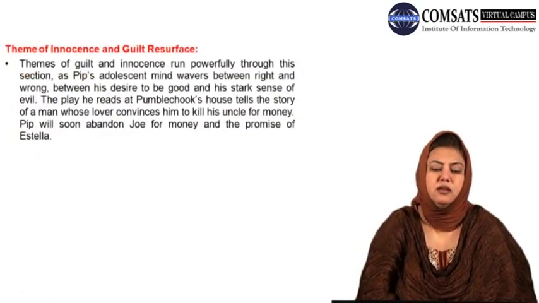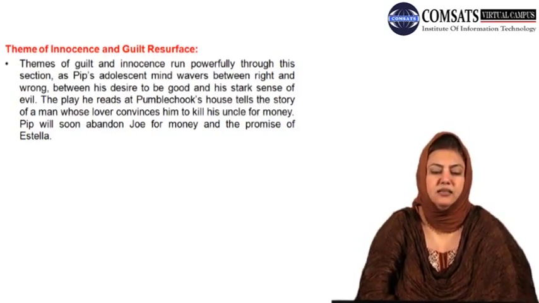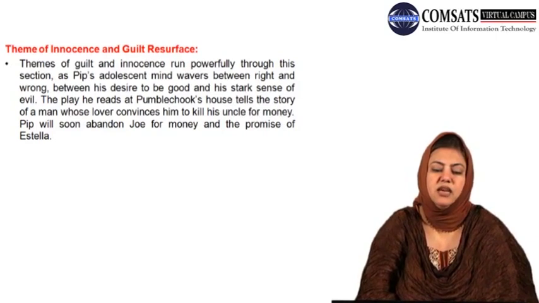Well, dear students, there are two more themes that resurface through this chapter, the theme of innocence and guilt. These themes run powerfully through this section as Pip's adolescent mind wavers between right and wrong, between his desire to be good and his stark sense of evil. The play he reads even at Pumblechook's house tells the story of a man whose lover convinces him to kill his uncle for money.